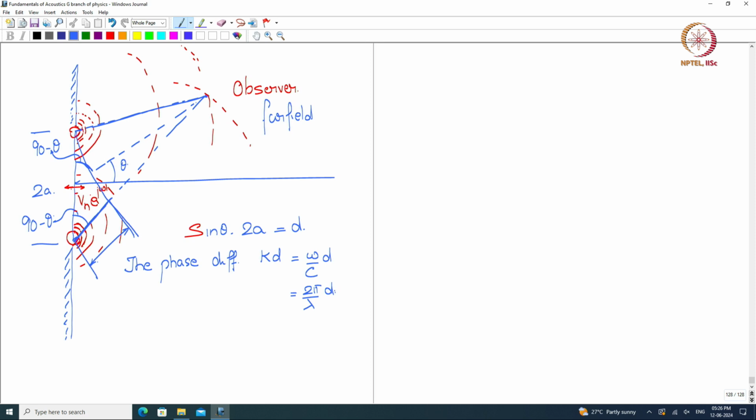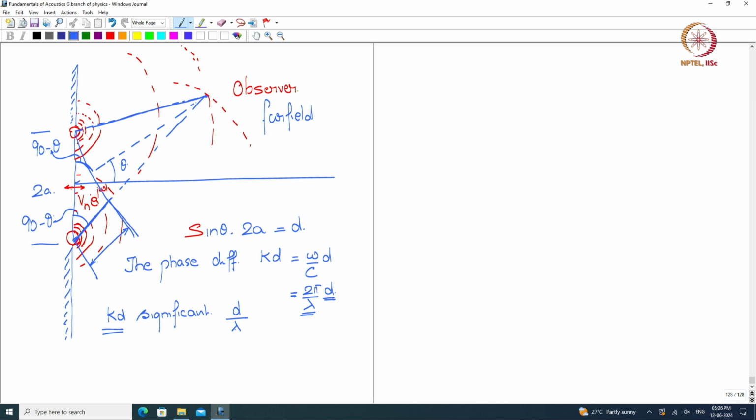So if this kd is significant, that means d is a significant part of lambda. d by lambda is not a small quantity.